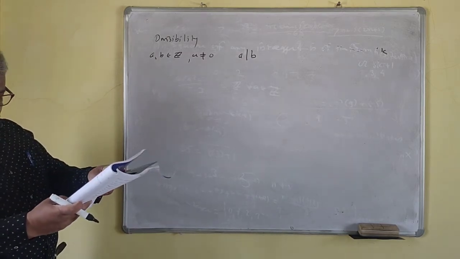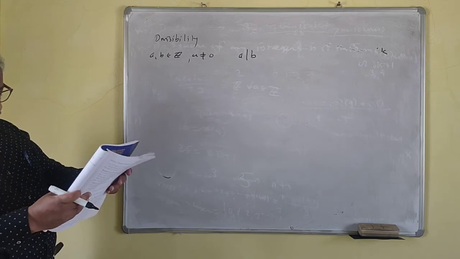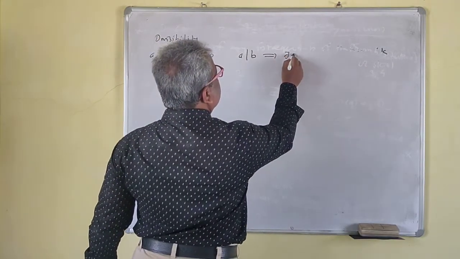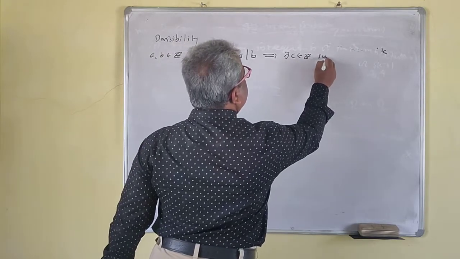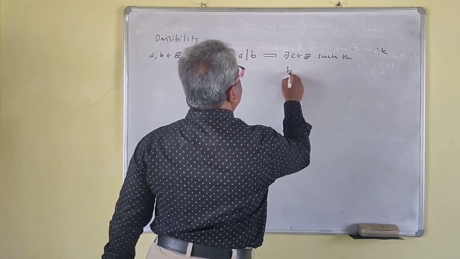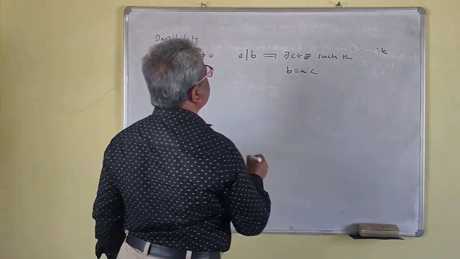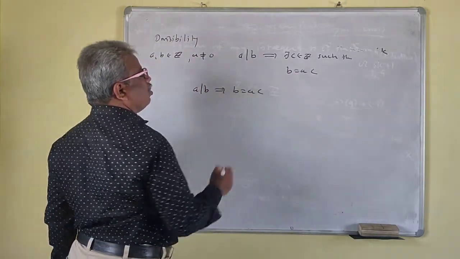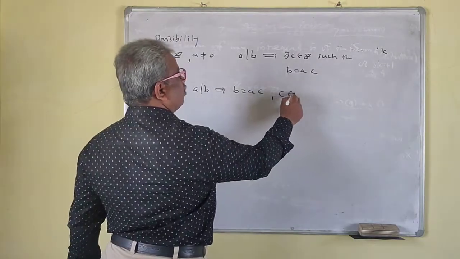We will say that b is divisible by a, or a is a divisor of b. So this implies that there exists c belonging to Z such that b is equal to ac.